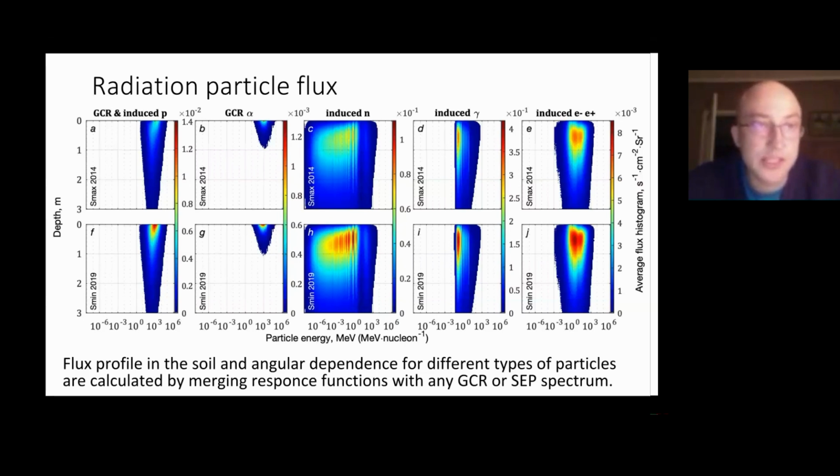You can see that the GCR protons and alpha particles' flux decreases inside the lunar surface, while the secondary neutron, gamma ray, and secondary lepton flux increases, and the maximum is approximately at 50 centimeters, but the exact position depends on the energy of secondary particles.